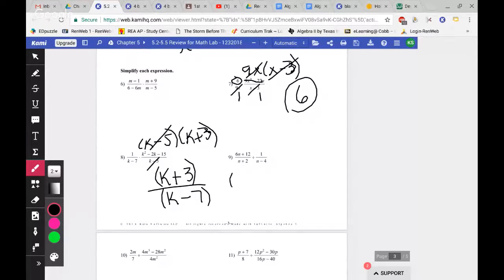But in this case, if you were factoring, you would get 6 times n plus 2, and then n plus 2 on the bottom, times, and then I'm going to flip this one right here, so it would give me n minus 4 over 1.